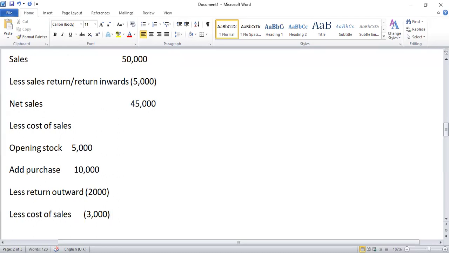Now, what we are going to do, we take this 5,000 of the opening stock, we add 10,000, that is 15,000. From 15,000 we less the return outward, minus 2, that will be 13,000. 13 minus 3, that is 10,000. So you're remaining with 10,000 as our cost of sales. So this 10,000, we're going to subtract it from the net sale.